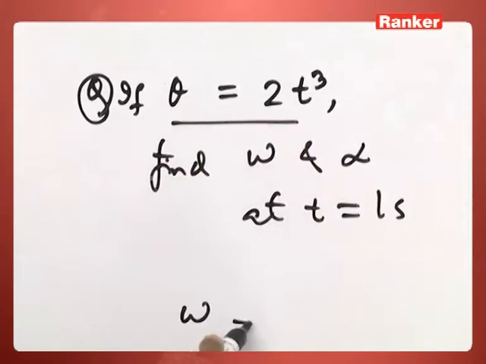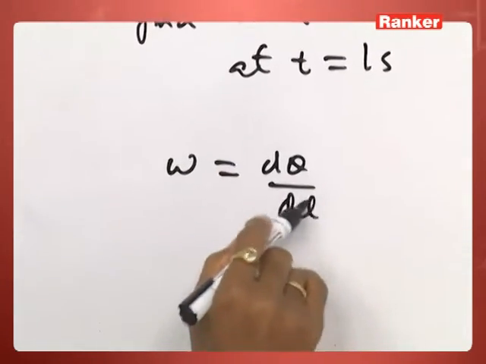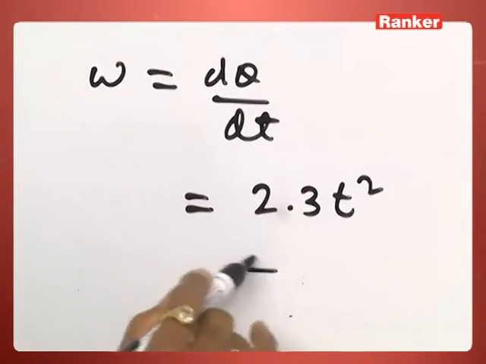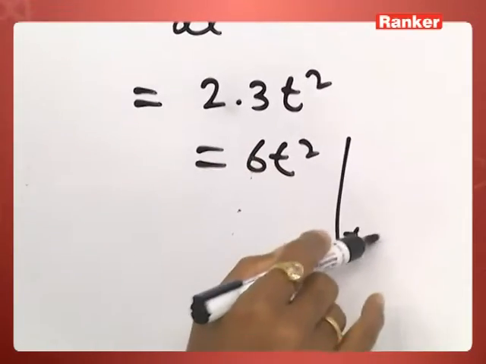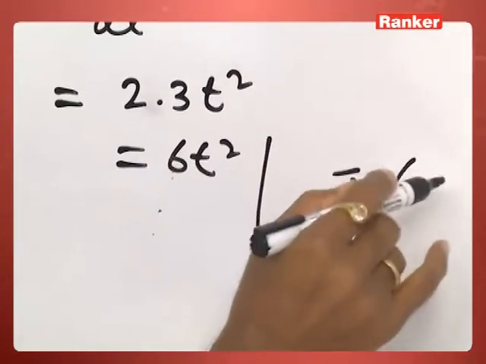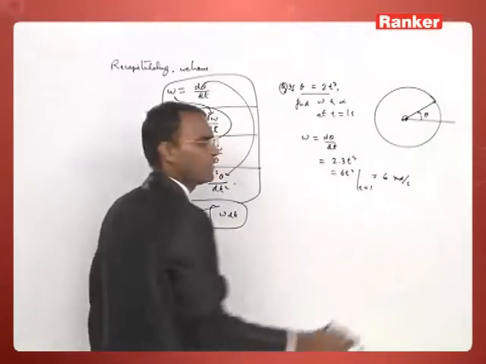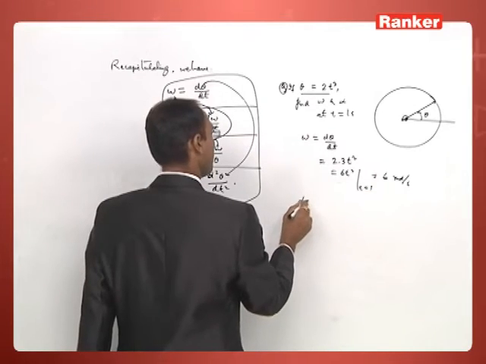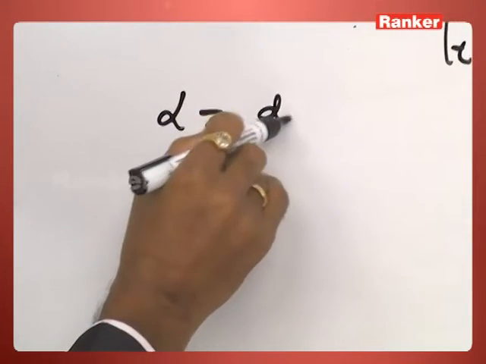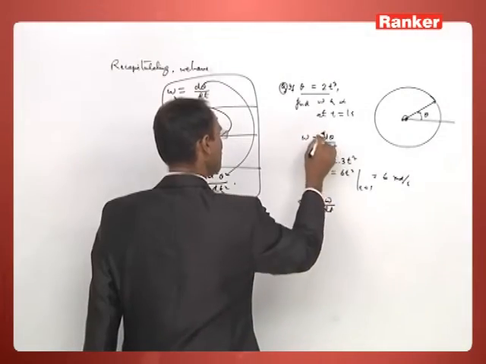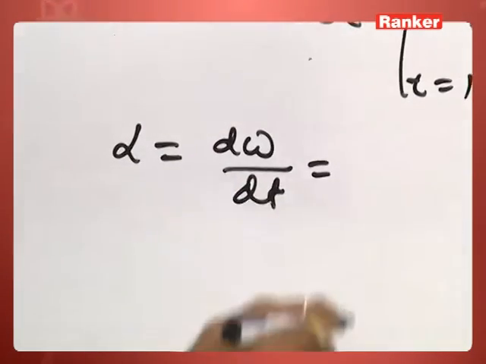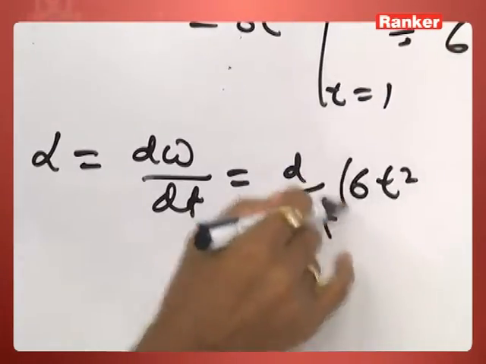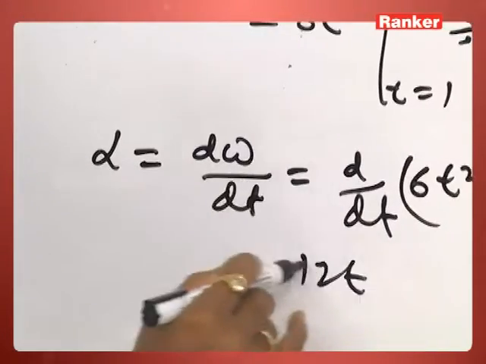Differentiate it with respect to time t once to get the angular velocity. 2 into 3 into t square, that is 6t square. At t equal to 1, we get 6 radian per second. Positive means it is outward. Alpha is equal to d omega by dt. Again you differentiate: d by dt of 6t square is equal to 12t.